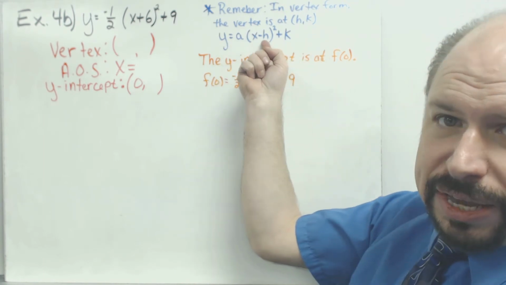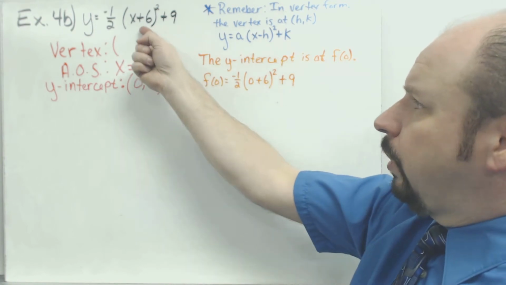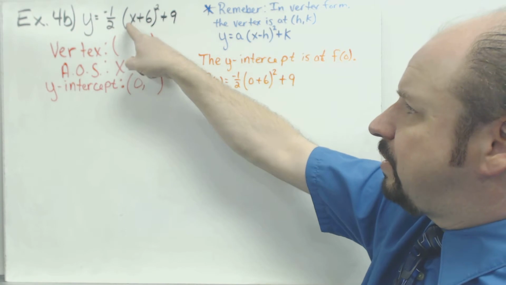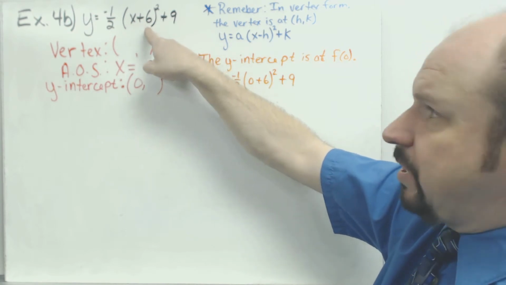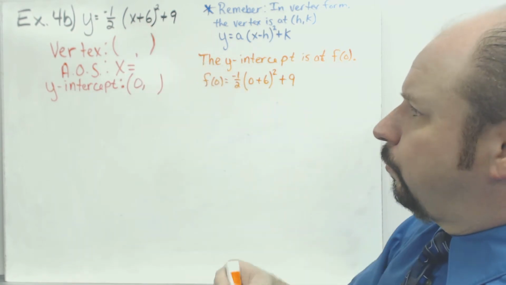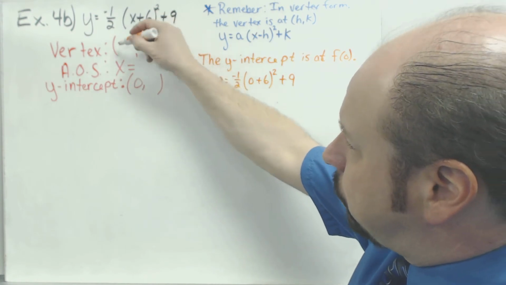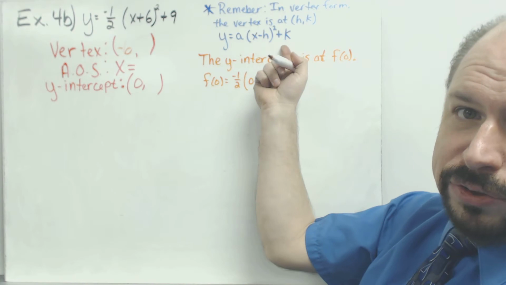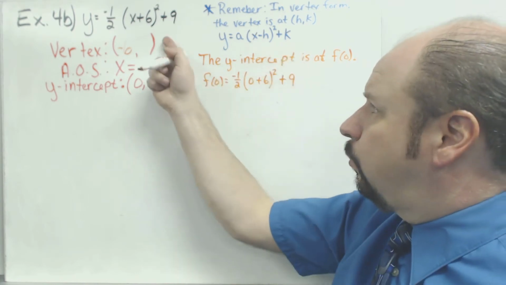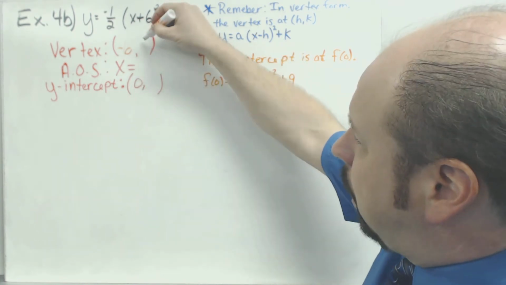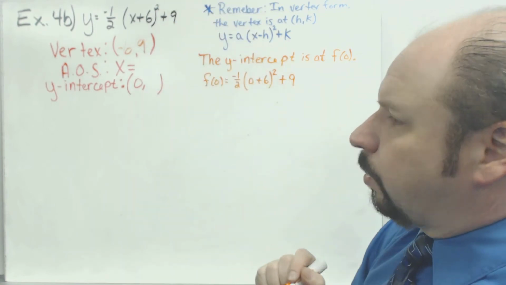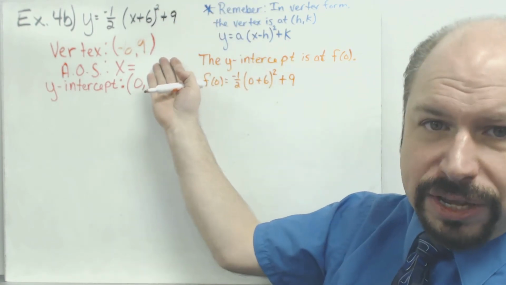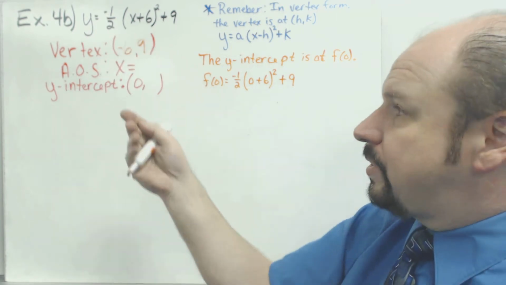We have a plus 6 here, so really, instead of being 6, we need to think about this as x minus a negative 6. So the x value of our vertex is negative 6. And the y value of our vertex is k, which is 9 in this case. So our vertex is at (-6, 9). It's a little bit easier to find the vertex in vertex form than it is in standard form.